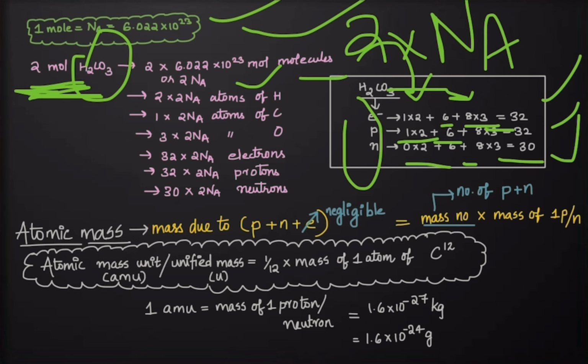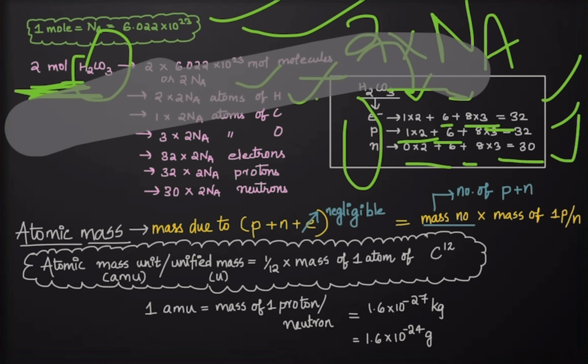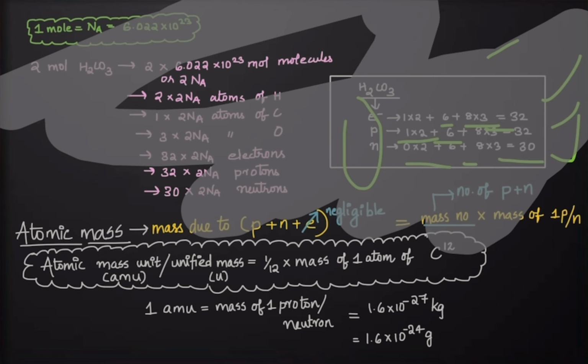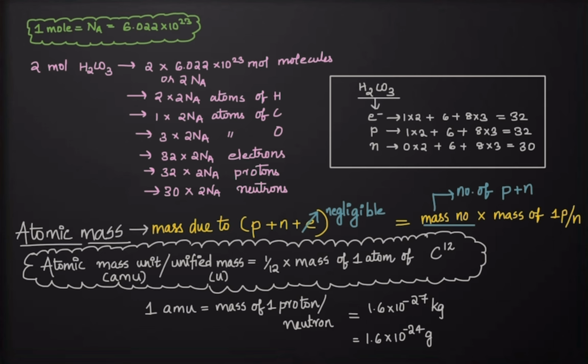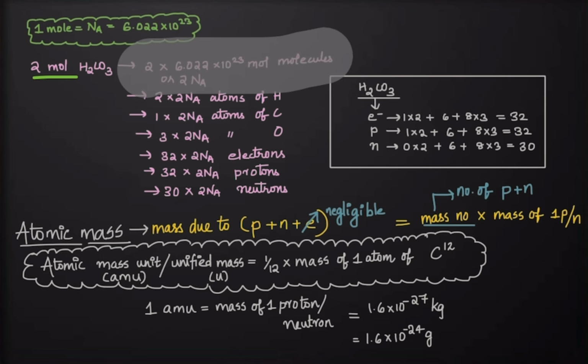Okay, so 2 atoms of hydrogen are present in the H2CO3, right? So totally 2 moles are present, and 1 mole has. So the total number of hydrogen is 2 into 6.022 into 10 raised to 23.